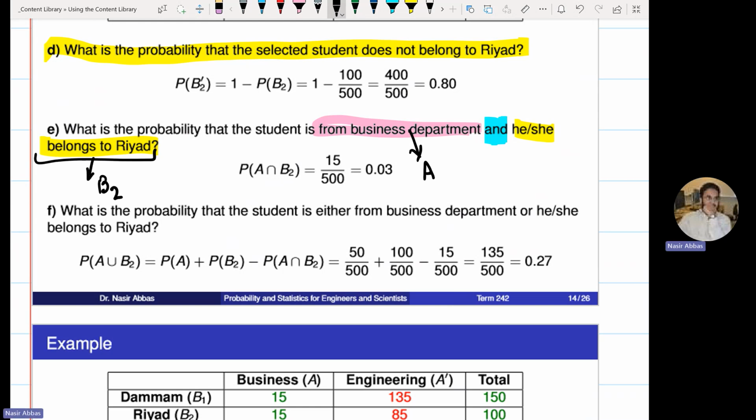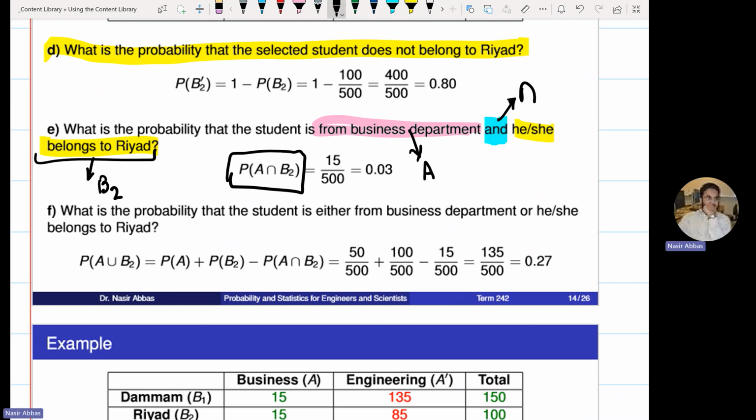We gave it B2. And what does and mean? Intersection. Remember, in any question, and corresponds to intersection, or corresponds to union. So we are required to find probability of A intersection B2.